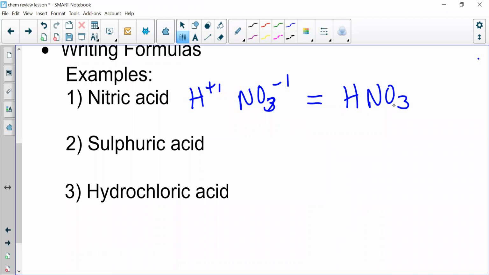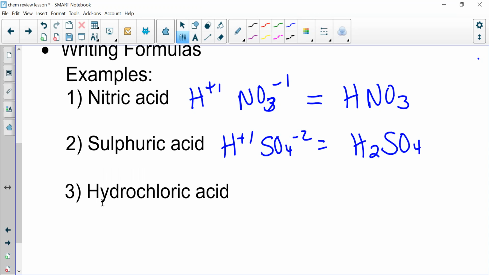How about sulfuric acid? Doesn't start with hydro, so it's with a polyatomic ion. Which group is it with? Sulfate. Good, so SO4 -2. So swap and drop, that becomes H2SO4. And how about hydrochloric acid?